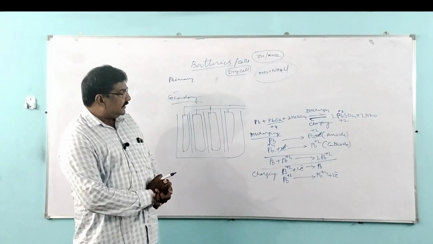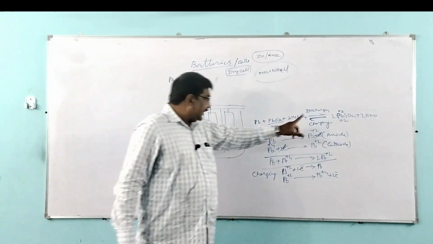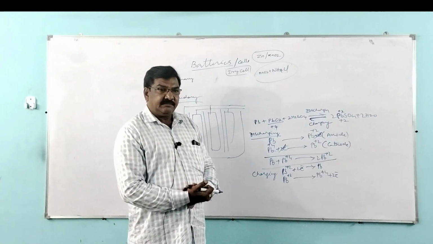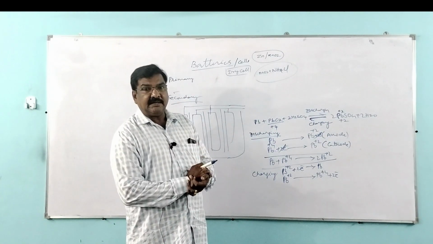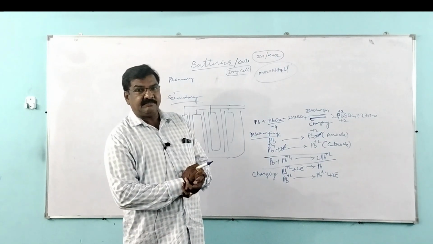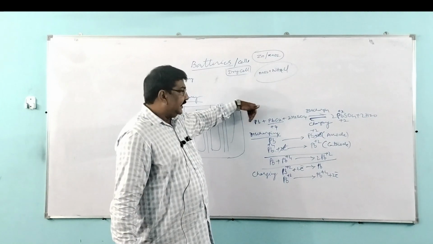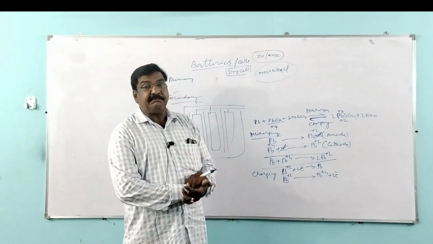During charging, a single oxidation state changes into 2 different oxidation states. This reaction is called disproportionation. That is, the backward reaction is a disproportionation, while the forward reaction is a comproportionation.